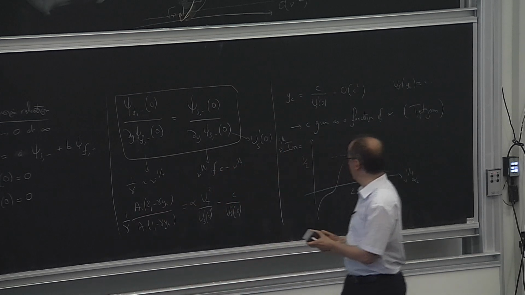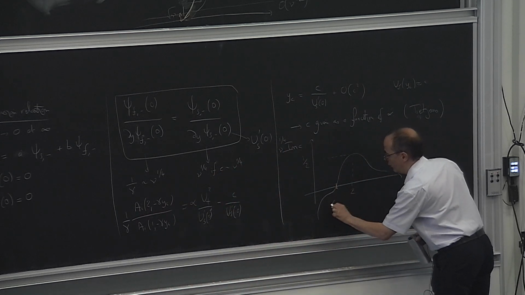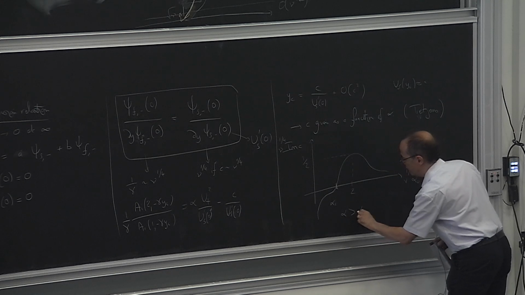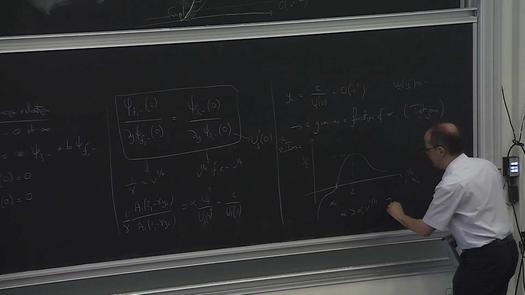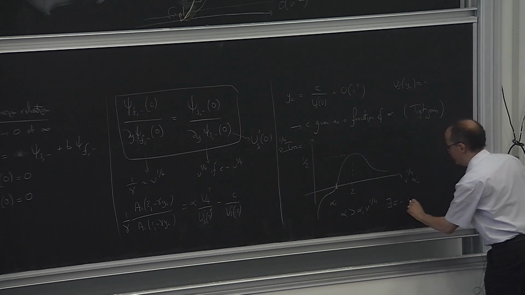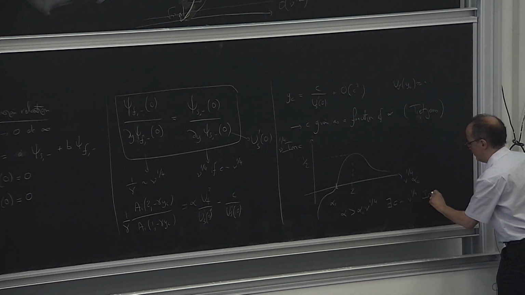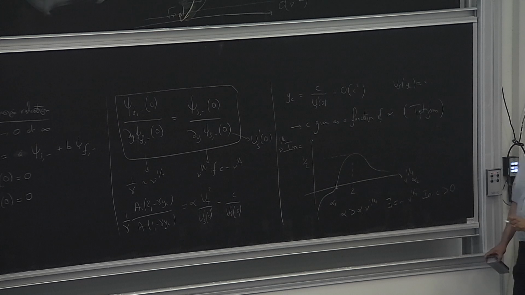Basically, the picture gives you that if alpha is larger than alpha 1 nu to the 1/4, then there exists some c, which is of order nu to the 1/4, whose imaginary part is positive. Namely, you have an unstable mode.